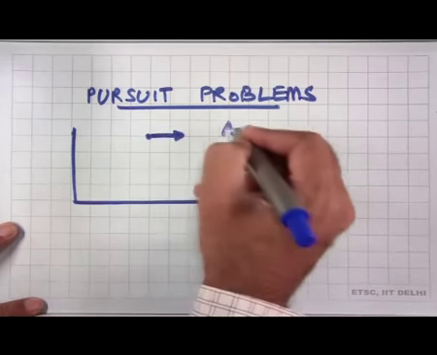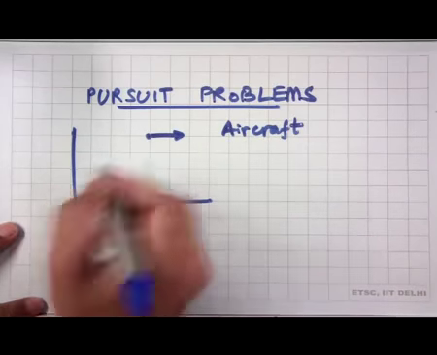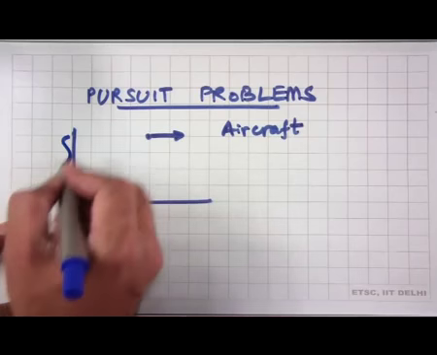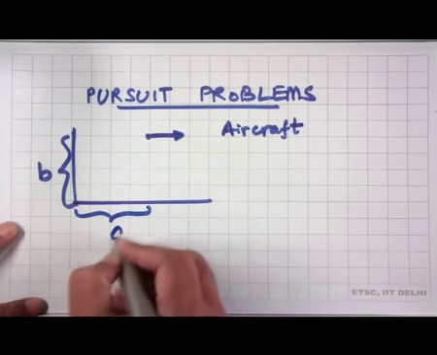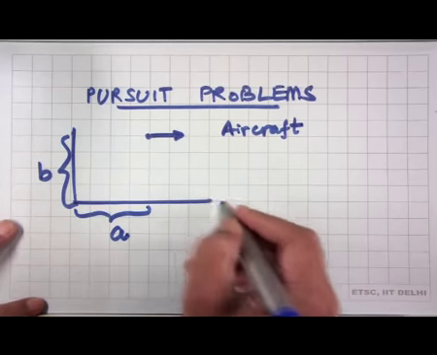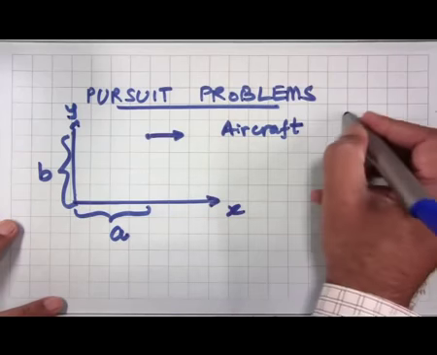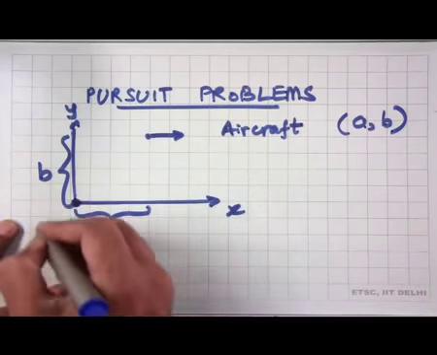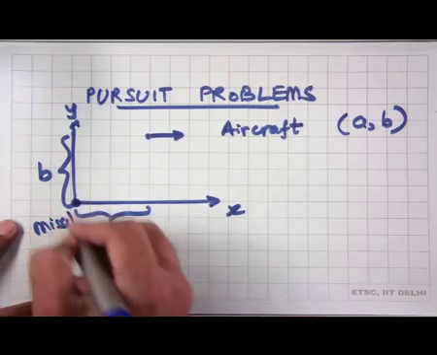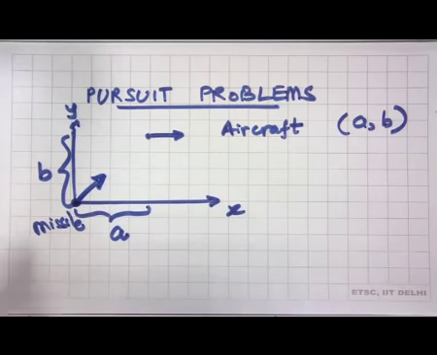Here what is given to us is that there is an aircraft whose initial location, if one says this is B, this distance is A. So, if I look at it in terms of x, y, the aircraft initially is at A comma B, and a missile is launched towards the aircraft.